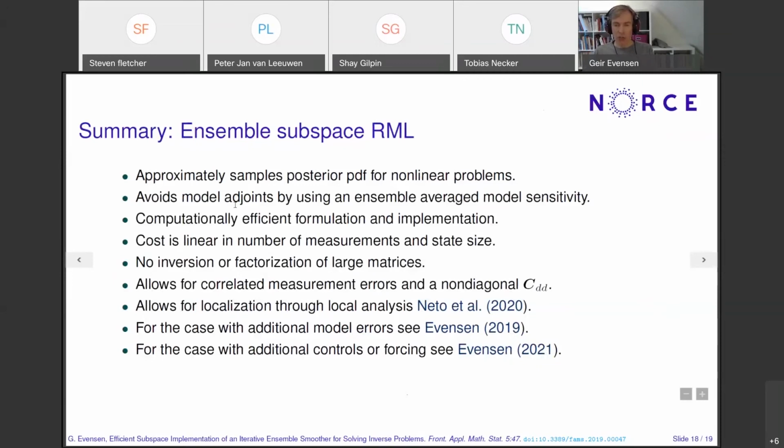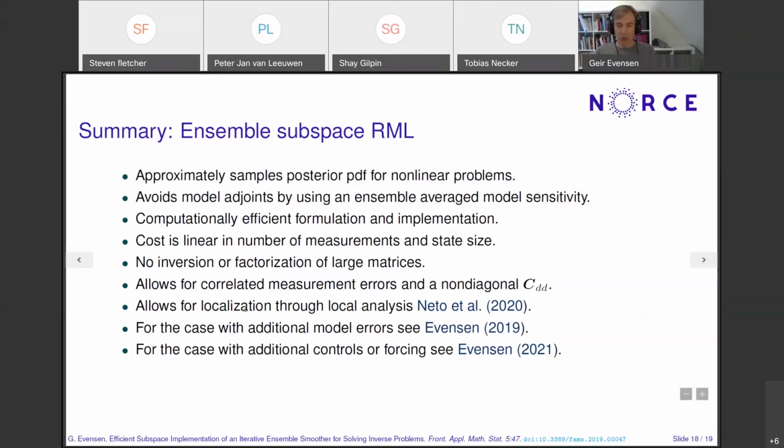We avoid using model adjoints by using this ensemble average model sensitivity. It's a computationally very efficient formulation and implementation, and it can take into account the correlated measurement errors. So there's no inversion and factorization of large matrices.